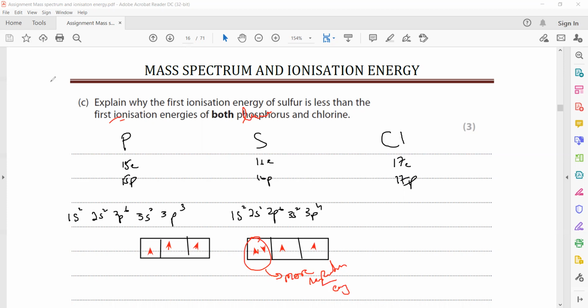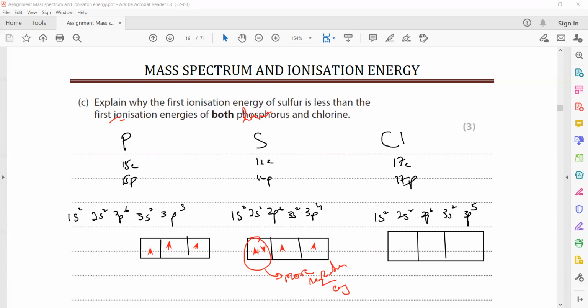And when we write the electronic configuration for chlorine, which has 17 electrons, it is 1s2, 2s2, 2p6, 3s2, 3p5. So when we take the p orbital, there are 5 electrons in the p, because this is for the last shell only, not for the full electron in a box model.